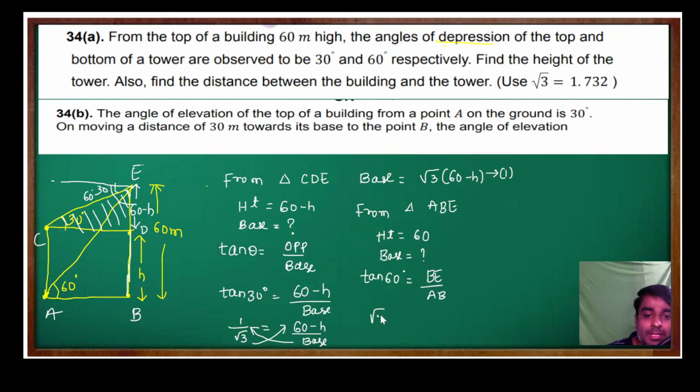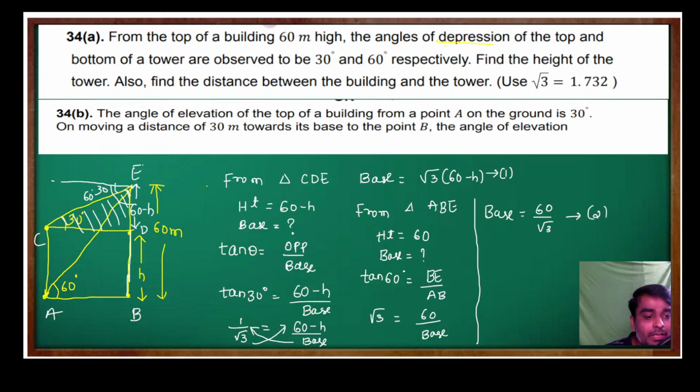This is root 3 and we have here 60, and this is my base. So from here my base will be equal to 60 by root 3. This is equation number 2.